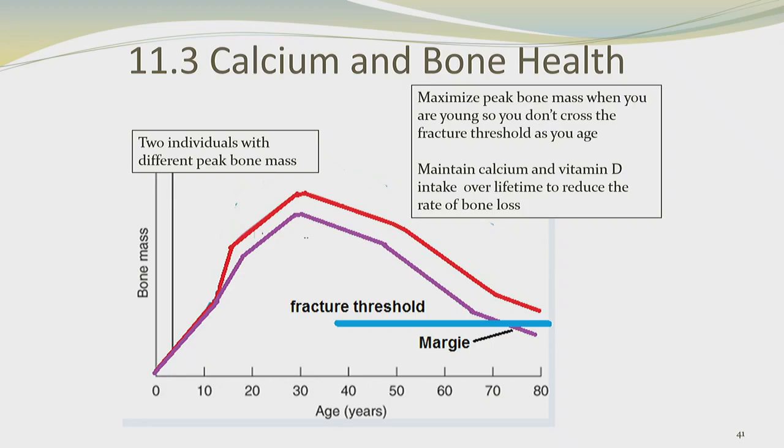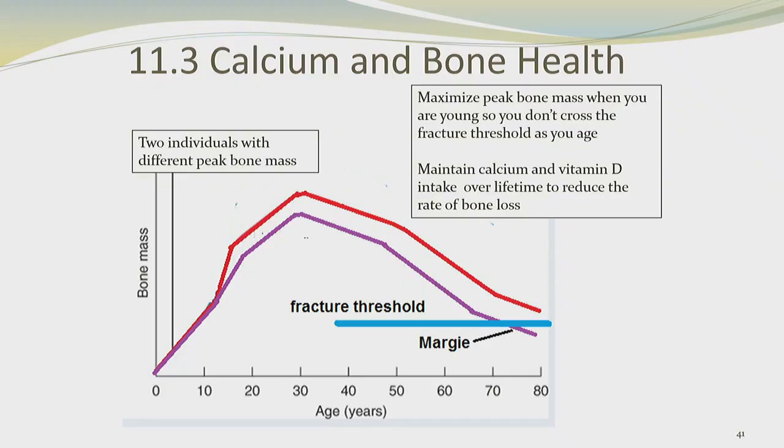So the fracture threshold is shown here. We've seen this graph initially, where there's that decline, and a very fast decline even after age 50 for women. The fracture threshold is the level of bone mass that is so low that there's a high probability of bone fracture.